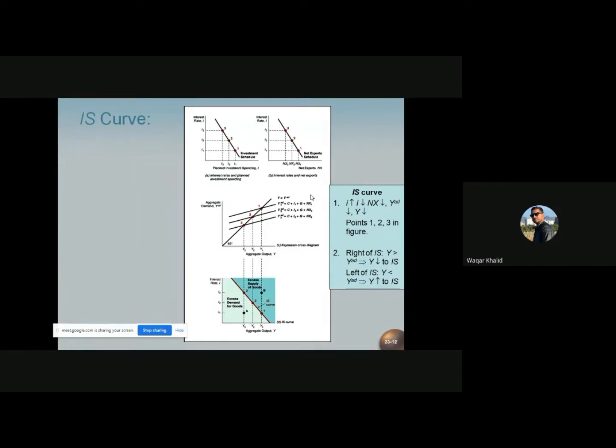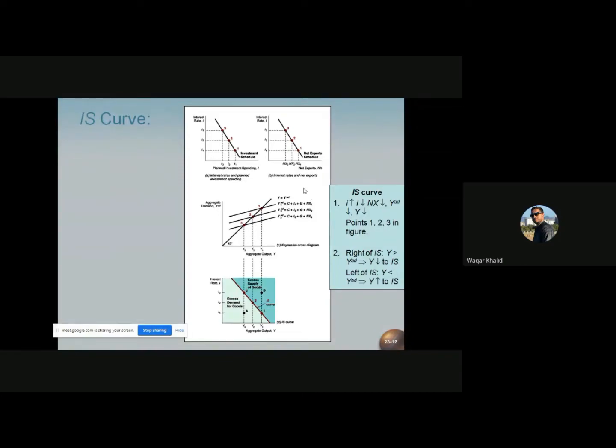When we join these 3 points, point 1, point 2, and point 3, with each other, we get a curve which is known as the net exports schedule. Actually, this net export schedule represents the negative relationship between the interest rate and net exports of the United States. If there is an increase in the interest rate, how will it affect the aggregate output?